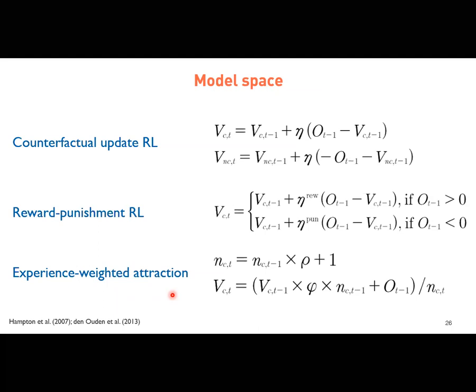If I lose and win equally likely, then my experience might be a little bit different. And after the reversal, the previous experience will affect the perseverative error. This is one of the models used pretty often in reversal learning. Okay. Counterfactual updates, RP model and EWA, 3 candidate models.